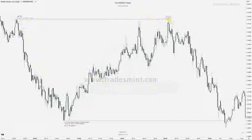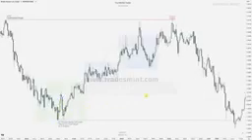Instead of a 4-hour purge or a daily purge, now we're looking at that 15-minute purge because we are scalpers, right? Again, market maker sell model is completed once we take out this original consolidation and that sell side liquidity down here. Outline that original consolidation, accumulation phase number 1, accumulation phase number 2, and smart money reversal up here.